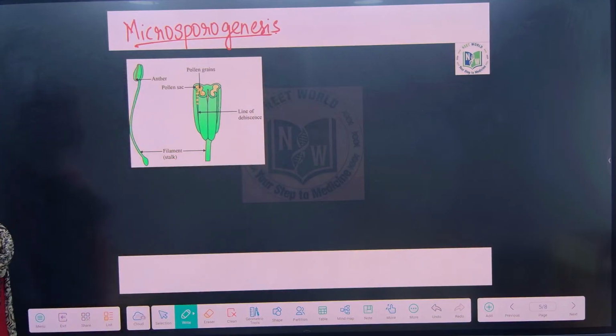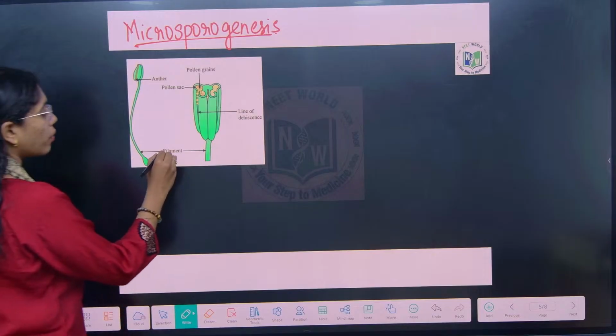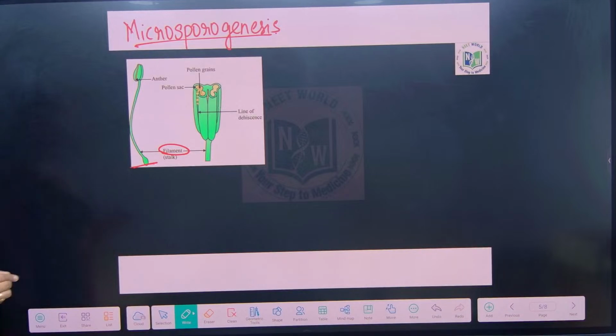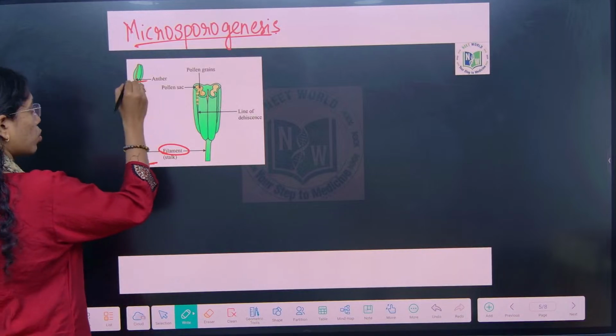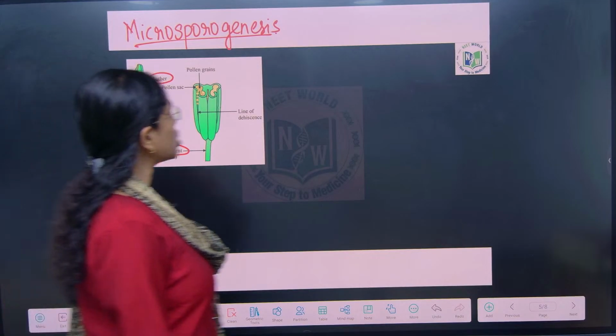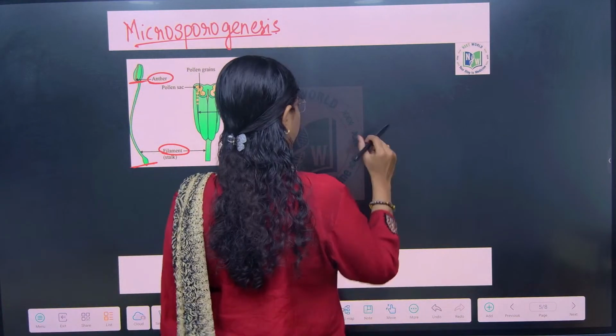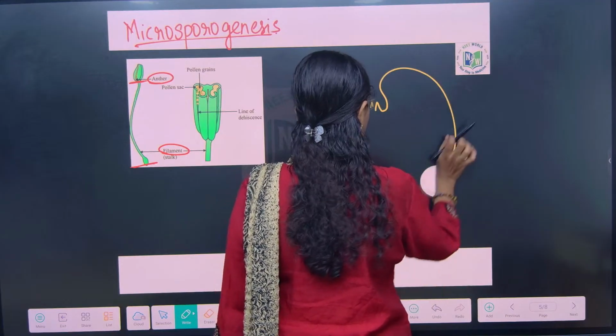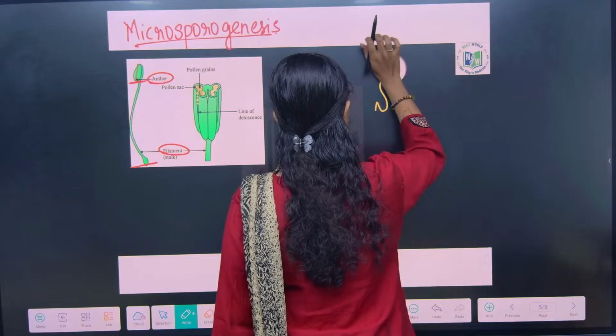Here you observe carefully, this is the stalk or filament, at the basal portion adjoined to the thalamus, and at the apical or distal portion you have the bilobed anther. If you have to take the diagram of this bilobed anther, this will be the diagram.